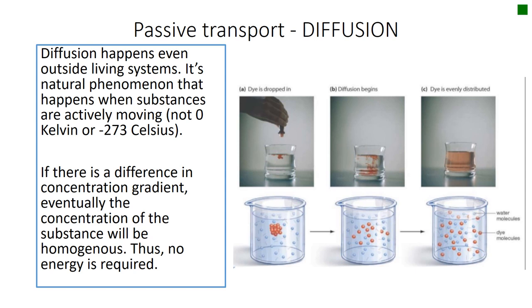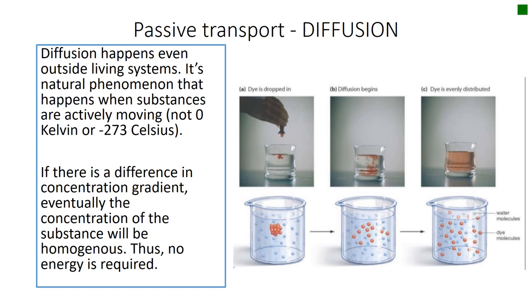It is a natural phenomenon that happens when substances are actively moving. So, as long as it is not 0 Kelvin, the absolute zero, all substances, all molecules are still moving.